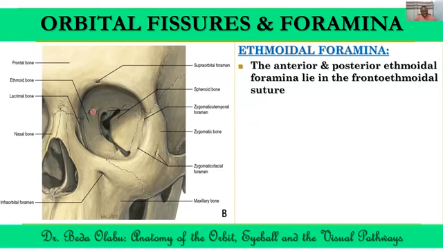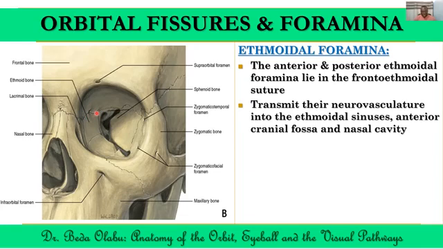We have two, usually, sometimes three, the anterior and the posterior ethmoidal foramen, located very near the frontoethmoidal suture. This is the frontoethmoidal suture. They transmit the neurovascular structures which have the same names.